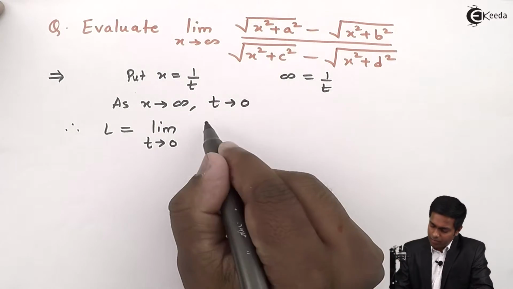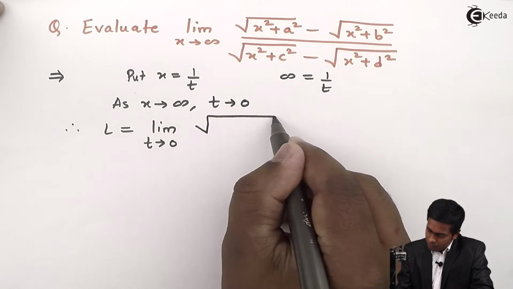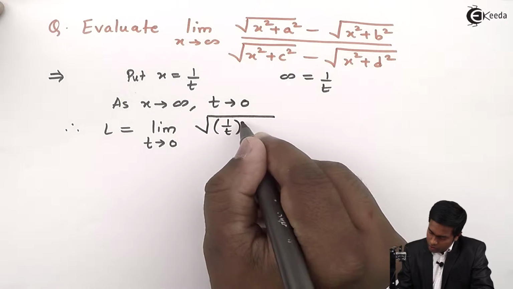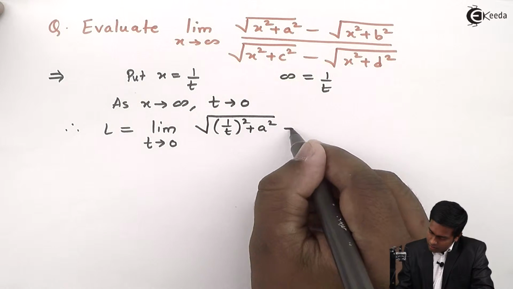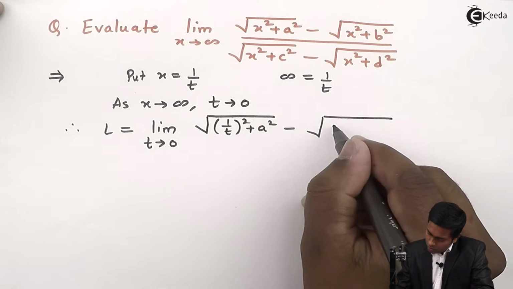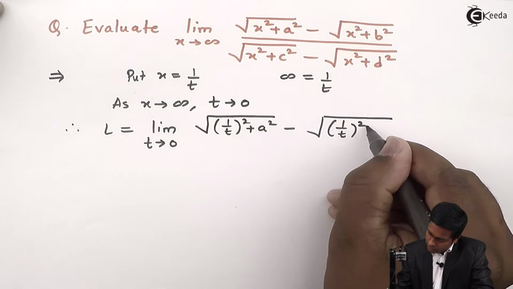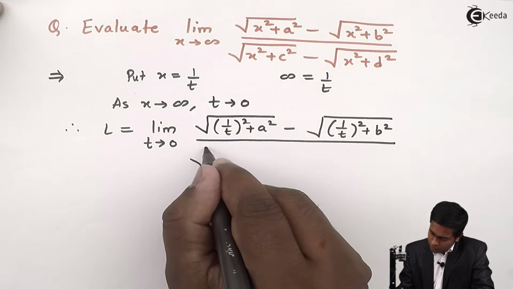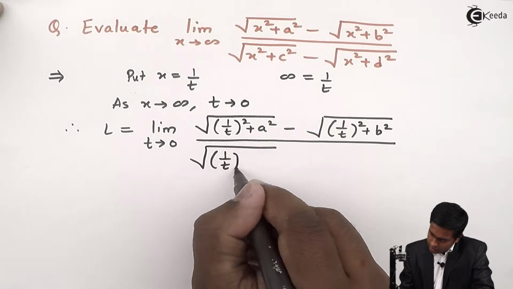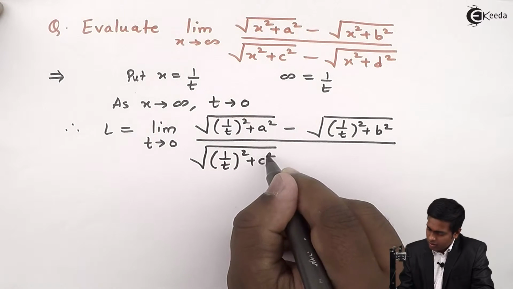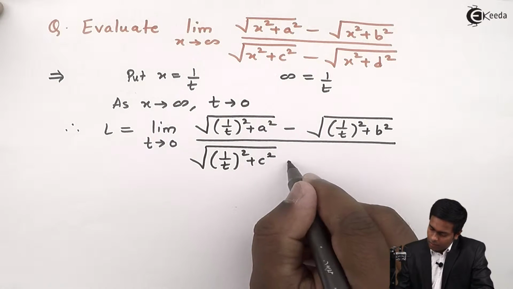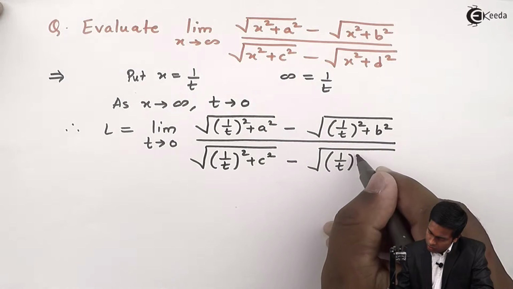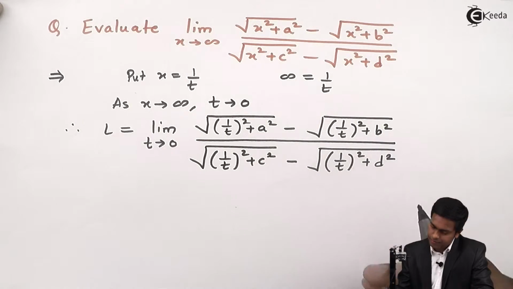So this will become the square root of 1 upon t the whole square plus a square, minus the square root of 1 upon t the whole square plus b square, upon the square root of 1 upon t the whole square plus c square, minus the square root of 1 upon t the whole square plus d square.